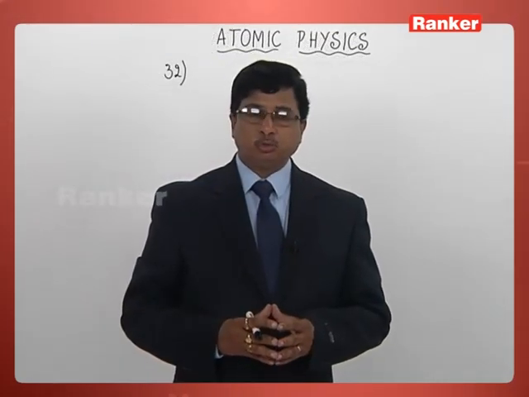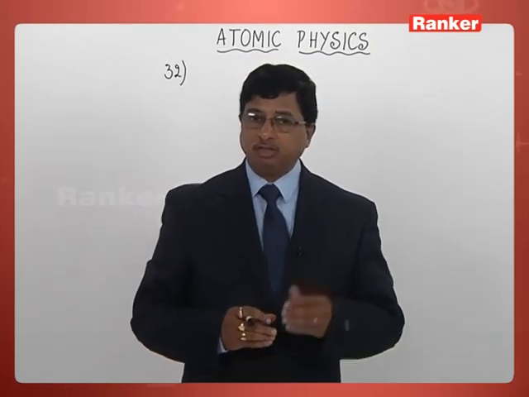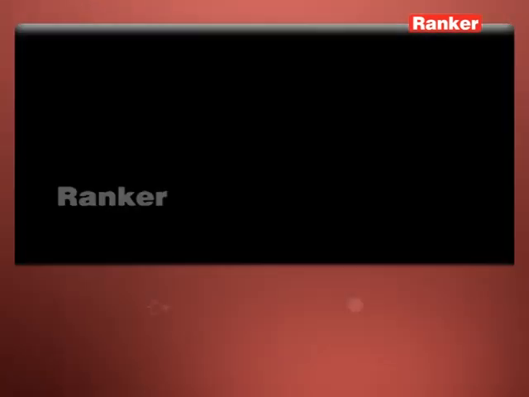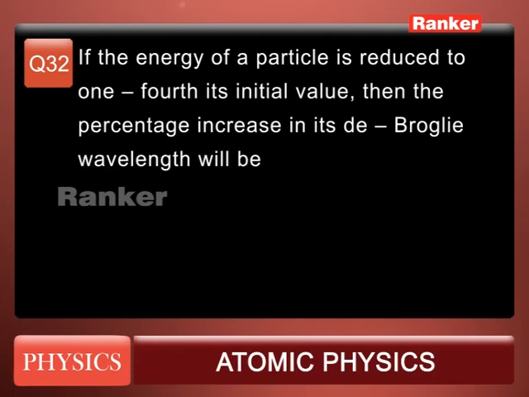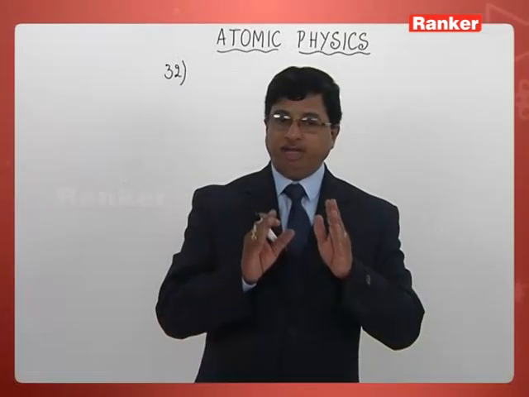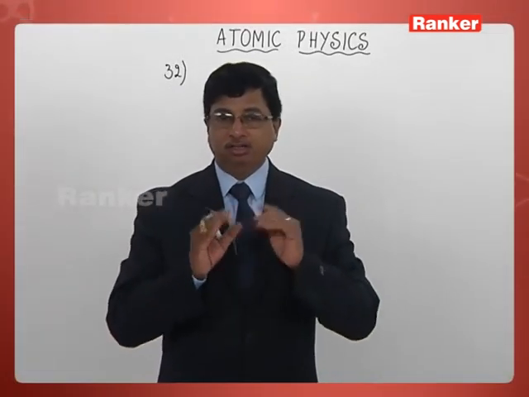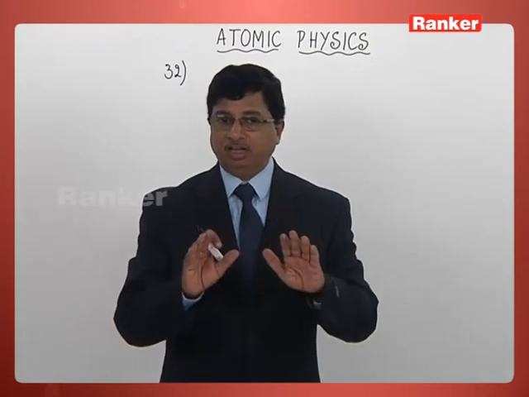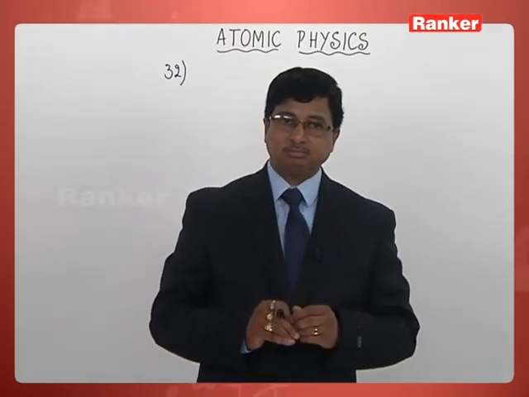Let us switch over to the next number in this order, that is problem 32. If the energy of a particle is reduced to 1/4 of its initial value, then the percentage increase in its de Broglie wavelength will be how much? Wavelength is increasing and energy is decreasing.